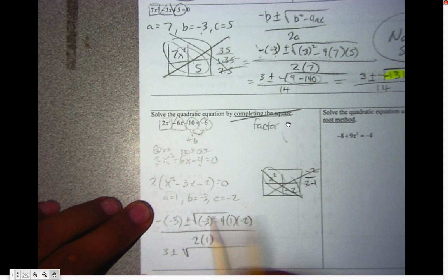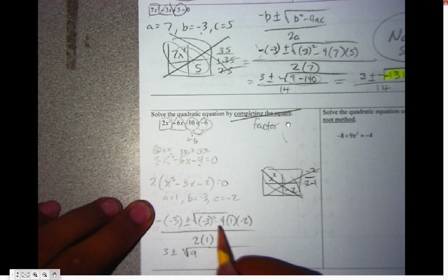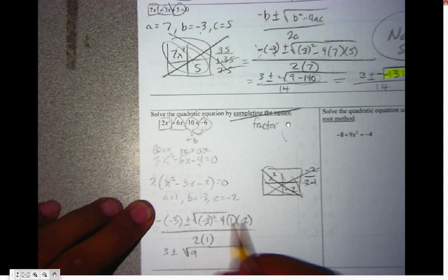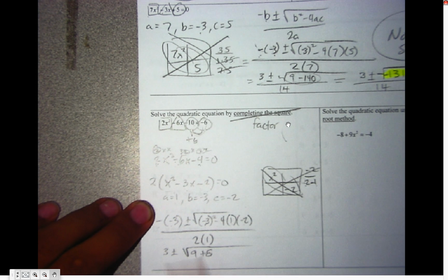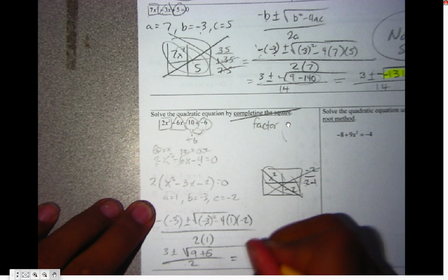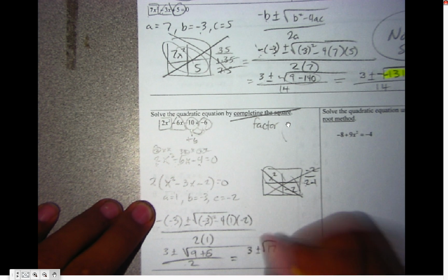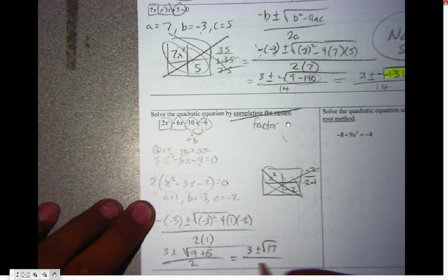Negative 3 squared, 9. Minus 4 times 1 is minus 4, times minus 2 is positive 8. And then 2 times 1 is 2. So this is equal to 3 plus or minus the square root of 9 plus 8, which is 17, over 2.